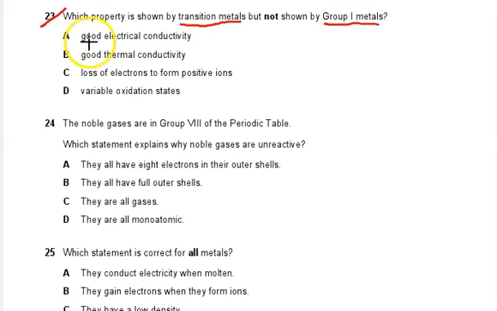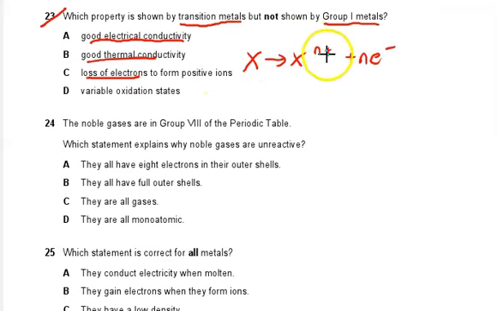So naturally all metals will have good electrical conductivity and good thermal conductivity. They lose electrons to form positive ions. Yes, all metals will lose electrons and form positive ions. This applies to transition metals as well as group 1 metals.